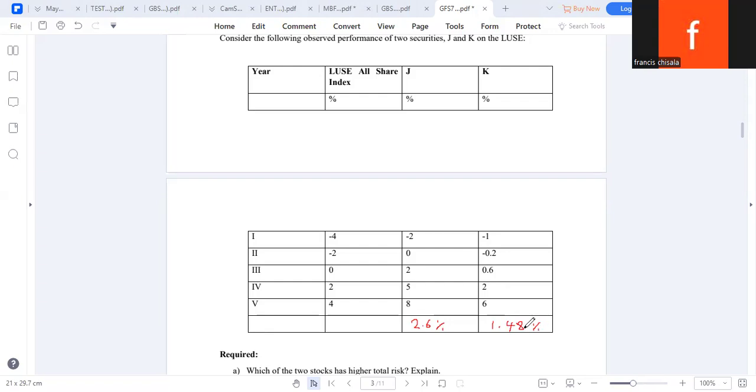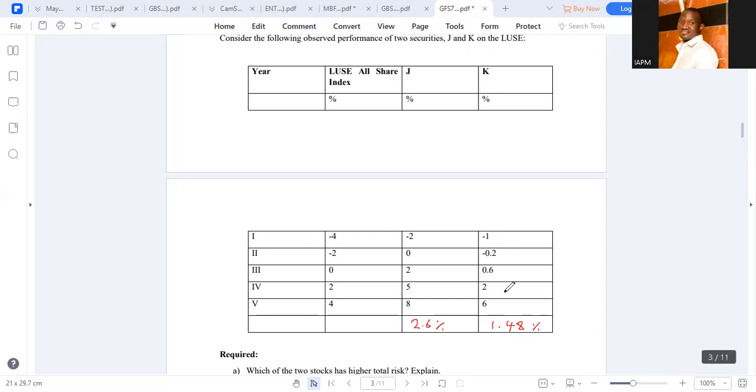So this is 6 plus 2 is 8. 8 plus 0.6 is 8.6. 8.6 minus 1 is 7.6. 7.6 minus 0.2 is 7.4. You divide by 5, you get 1.48.